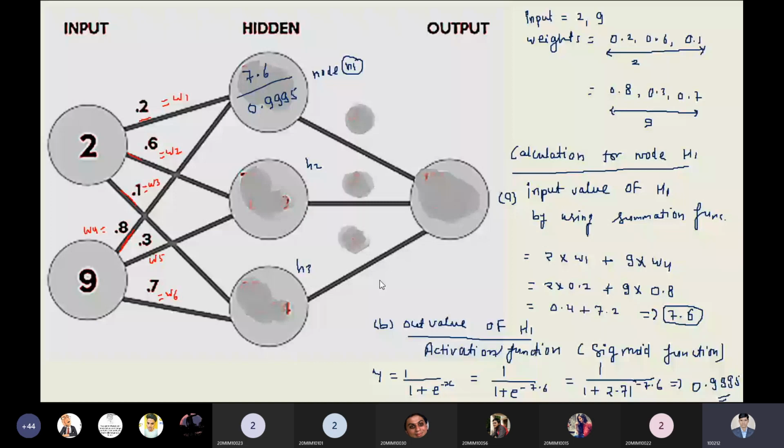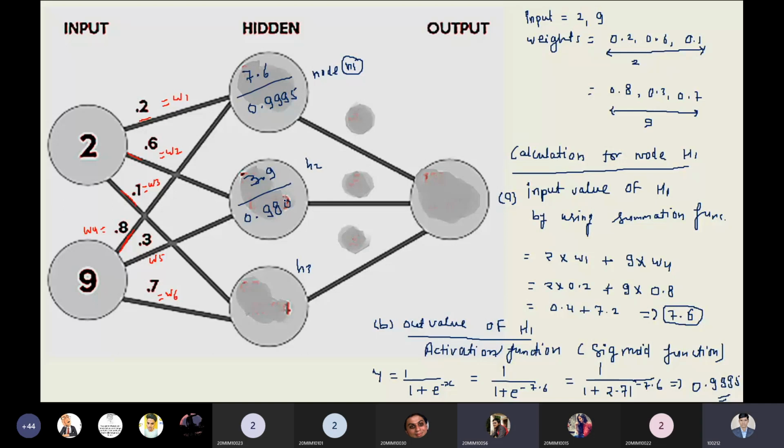Okay, so what is the H2 input value? Sir, 3.9. Okay, so I can write 3.9. So what is the out value? Sir, out value is 0.98. So 0.9804.